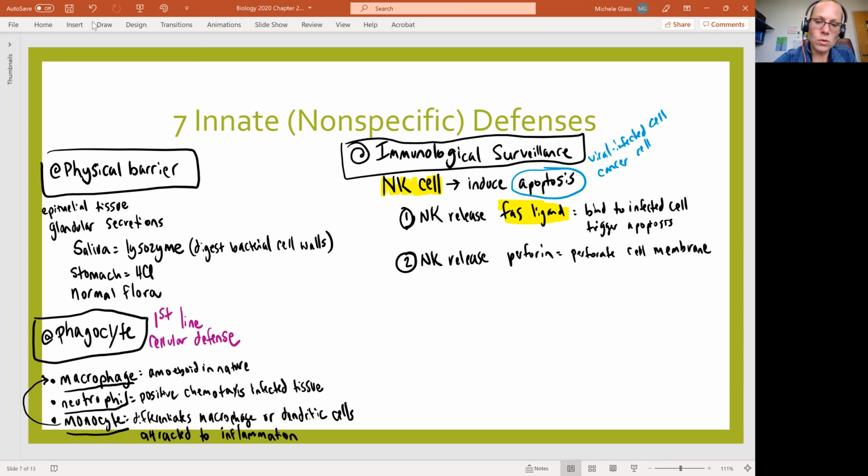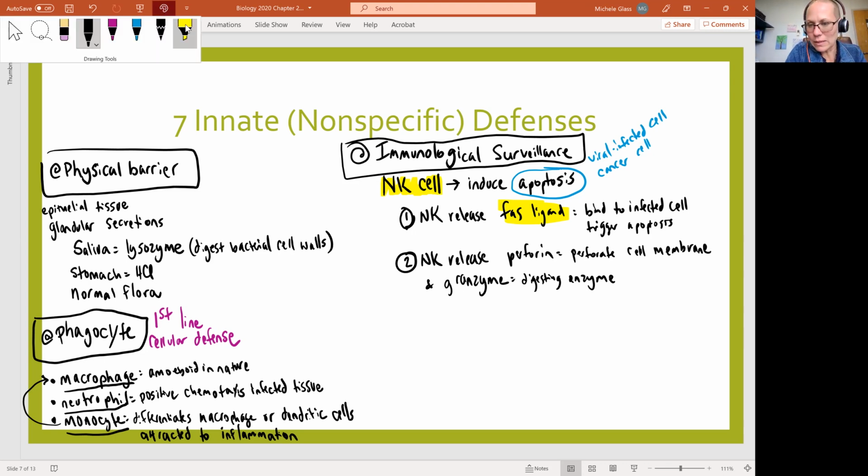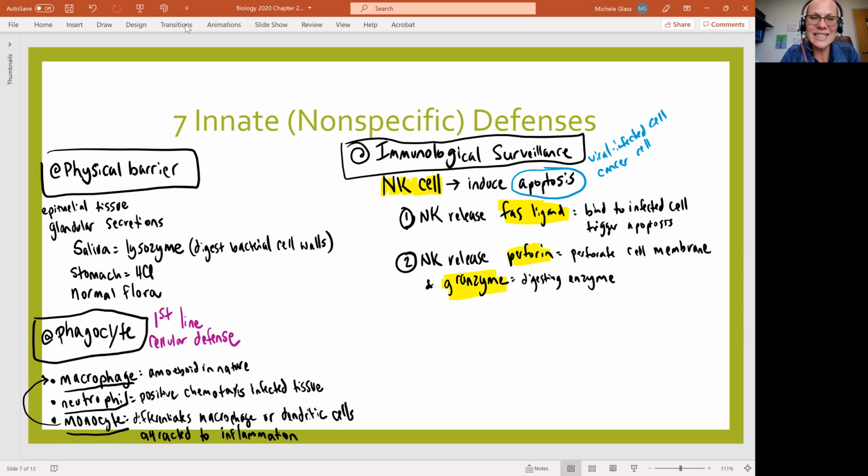And then it's also going to release granzyme, which is a digesting enzyme. So the NK cell releases the perforin to poke holes in the cell membrane, and then it releases granzyme to digest that cell from the inside. So instead of triggering apoptosis in this way, the granzyme is actually the thing that's killing the cell.